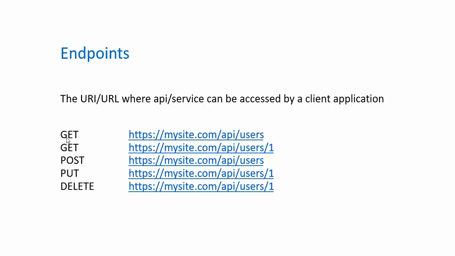So it doesn't matter if they have different or the same URI that we're using. Then we have put, and this is the example URI specifying the ID, and of course the delete. The same thing with get, put, and delete: they have the same URI being used, but different methods.